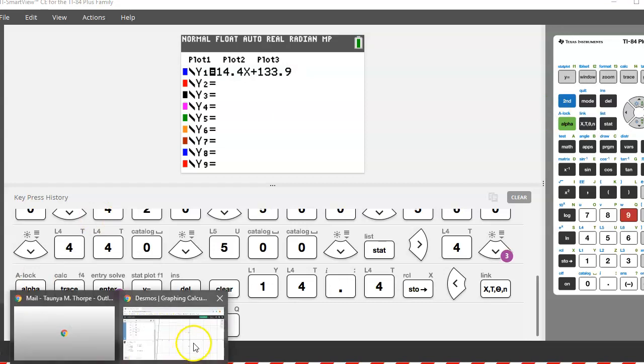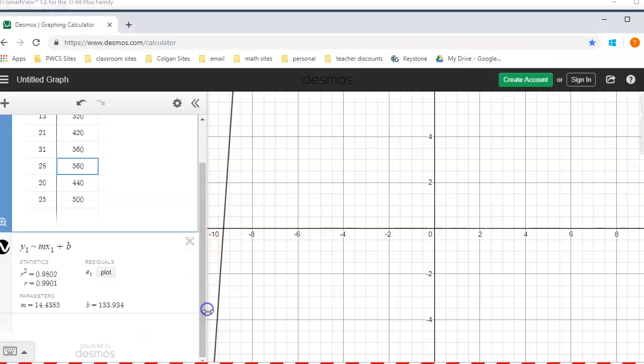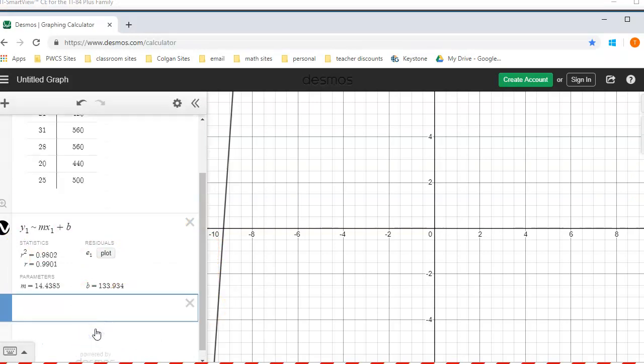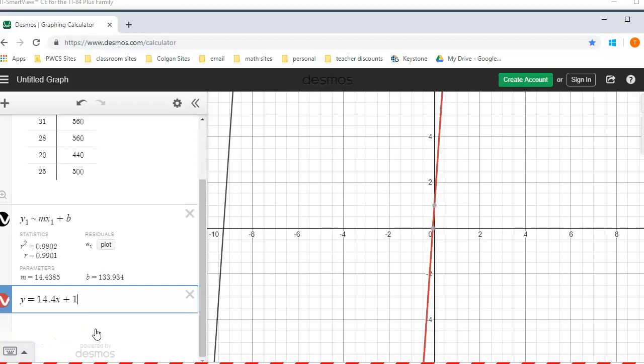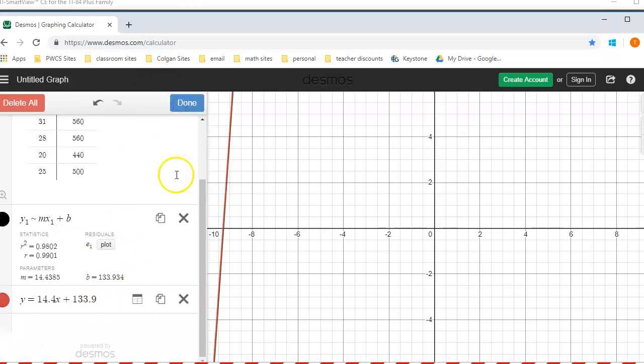For everyone using Desmos, you have to add a new line. Type that equation in. But once you type that in, you have to go into your settings wheel and click your table.